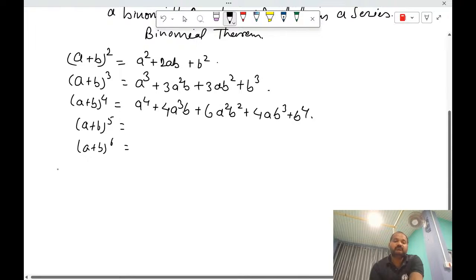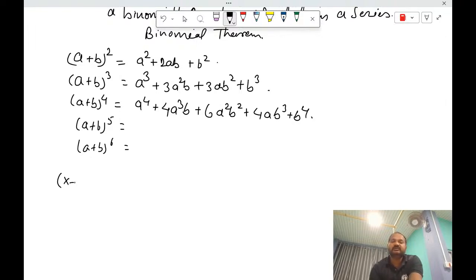So there is only one formula for the binomial theorem, that is x plus a whole to the power n.